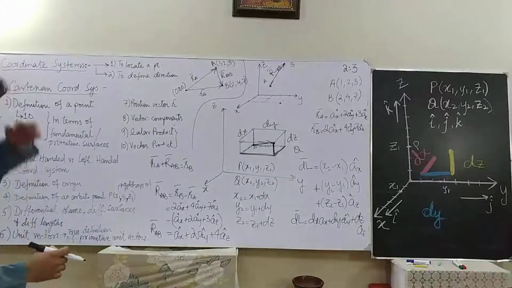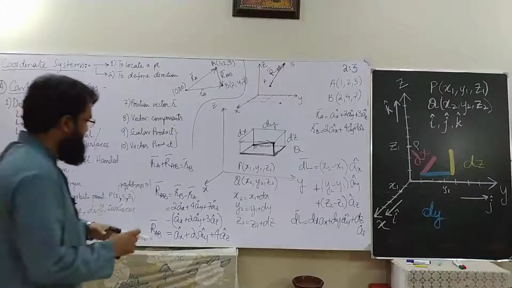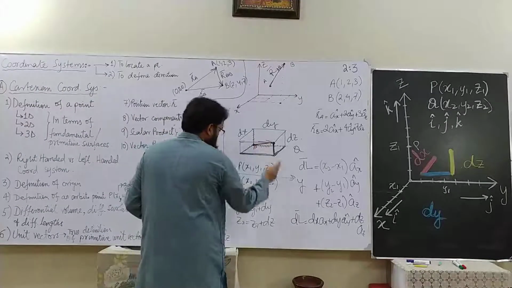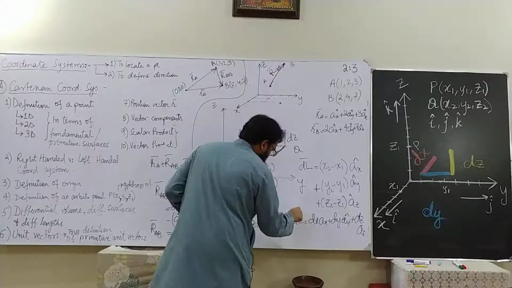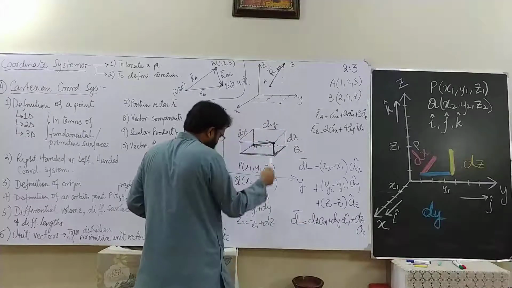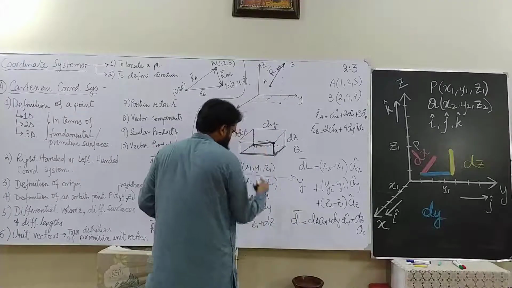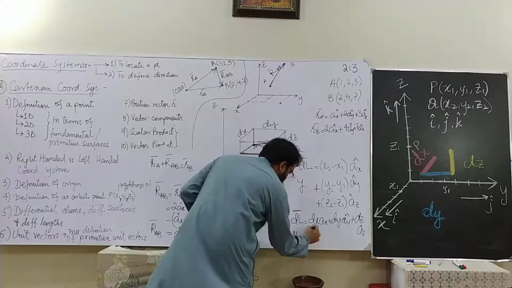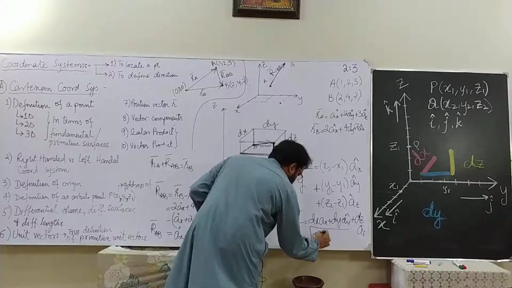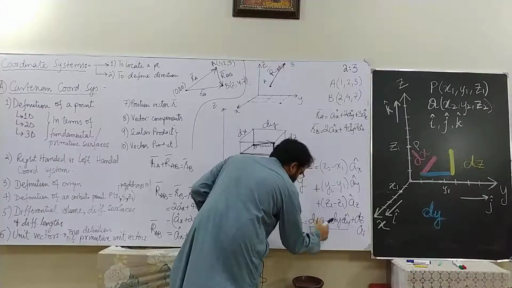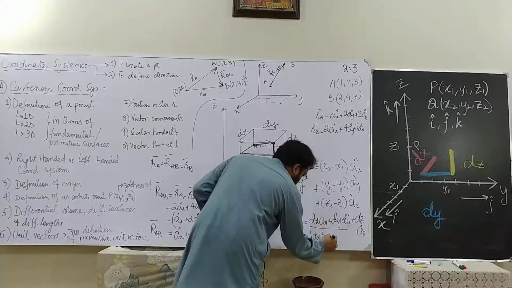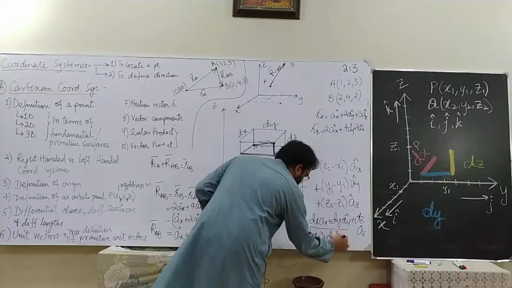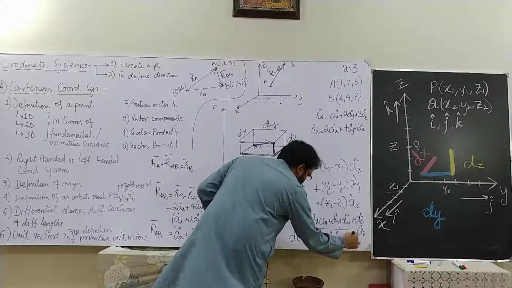And in order to find its magnitude, meaning this differential length is a vector, so if you want to find the magnitude of this vector, we just take, you all know the magnitude, which is the square root of dx square, the square of the x component plus the square of the y component plus the square of the z component.